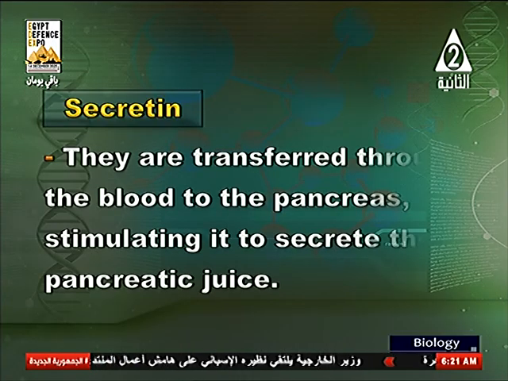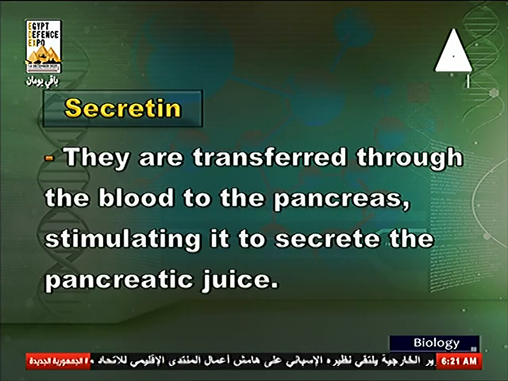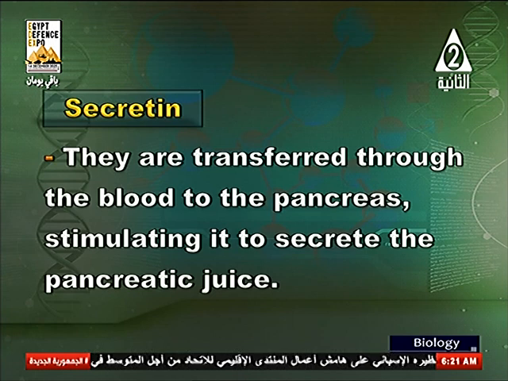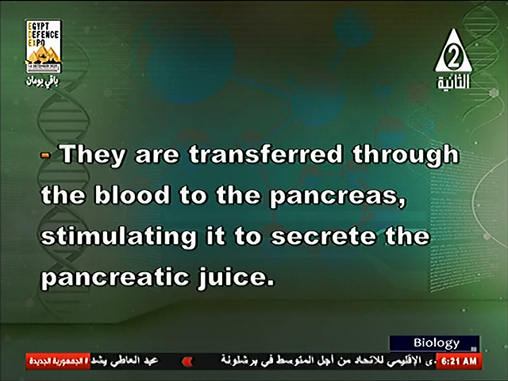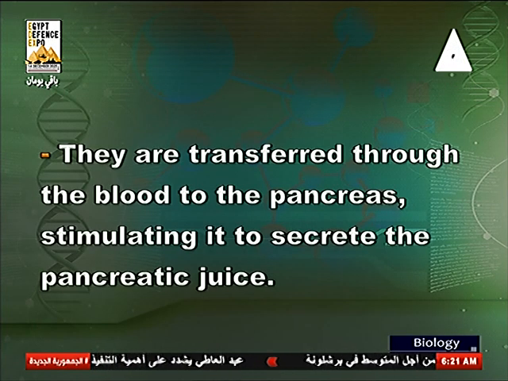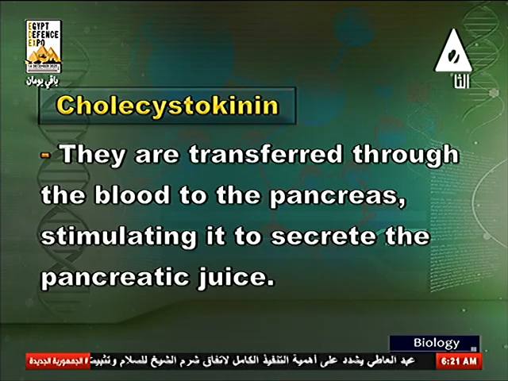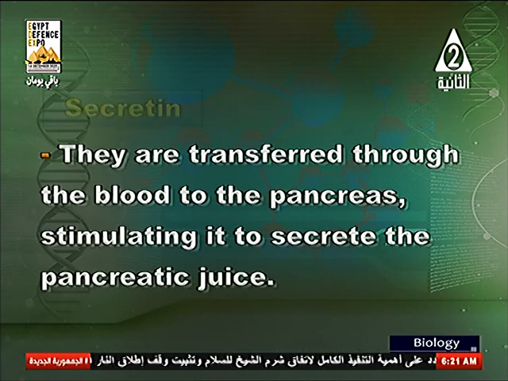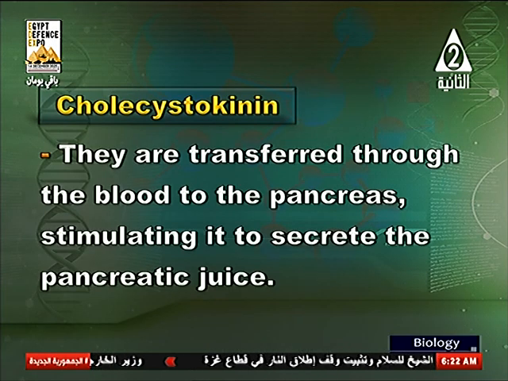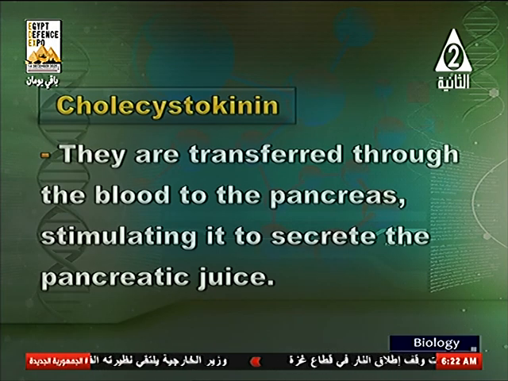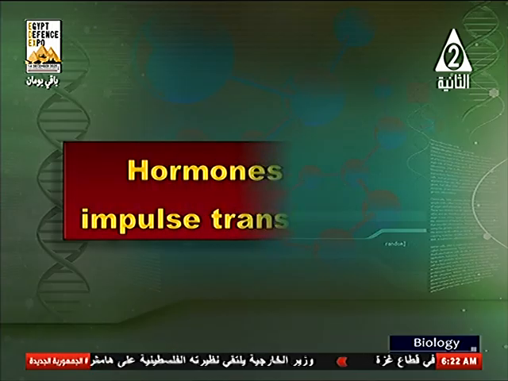Secretin and cholecystokinin hormones are transferred through the blood from the small intestine to the pancreas to stimulate it to secrete pancreatic juice. Secretin and cholecystokinin both have the same function.